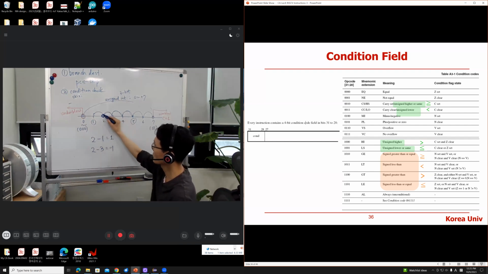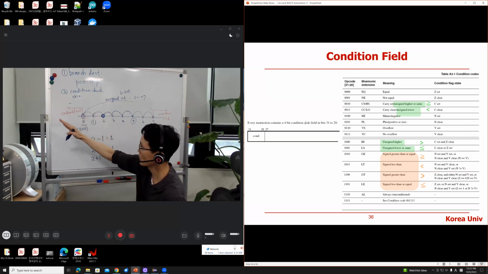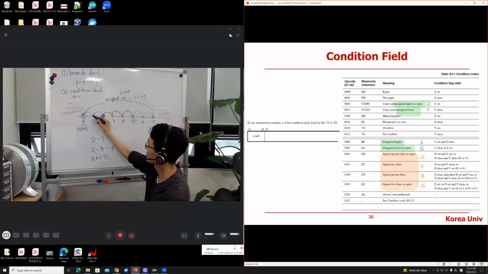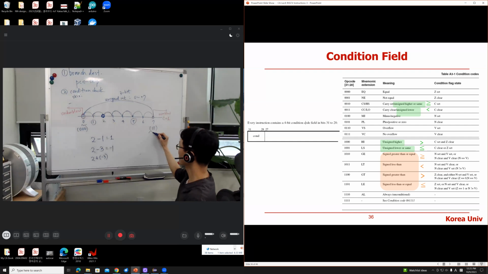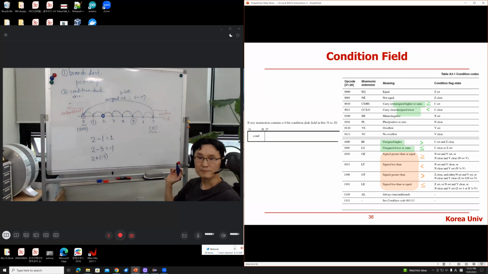Starting from location 2, you are moving 3 steps backward: 1, 2, then there's nowhere to go. The computer wraps around: 1, 2, 3. So the computer will show you 7, and underflow happened.